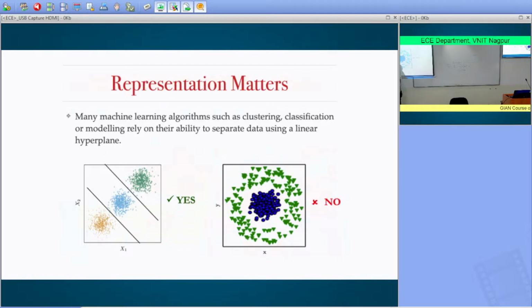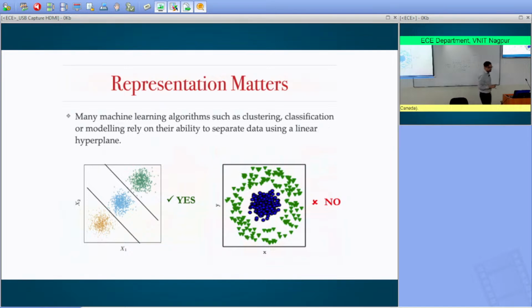You can draw a line like this, or you can draw a line like this. They will all separate those data points. There are ways in which you can find a unique separating line. We'll come to that in a later lecture. But the point I'm trying to make is when you have data like that, finding these classification boundaries is not very hard. You can just draw a straight line, right?